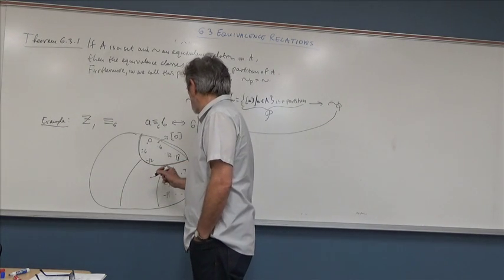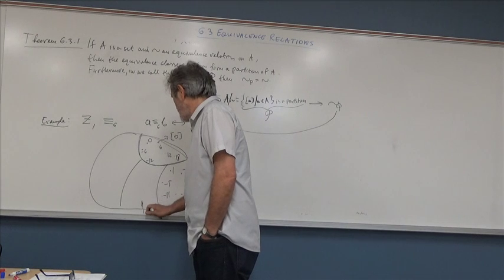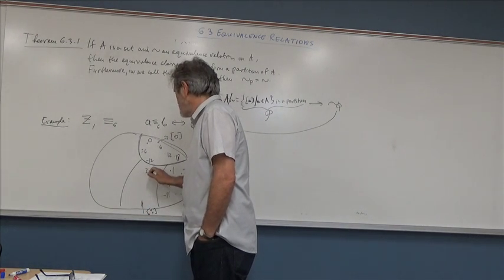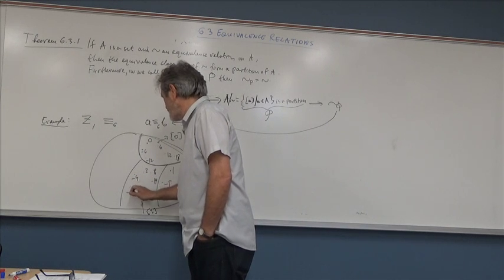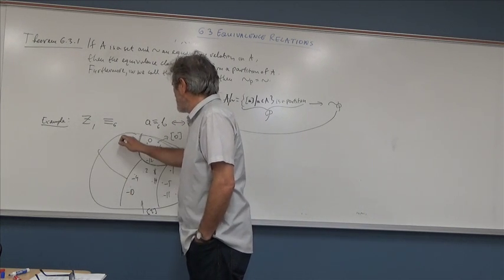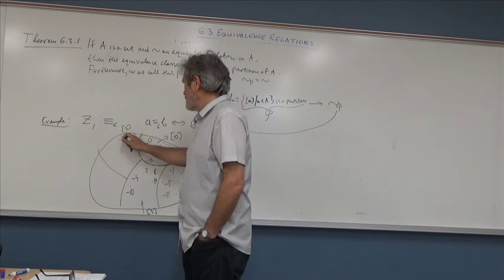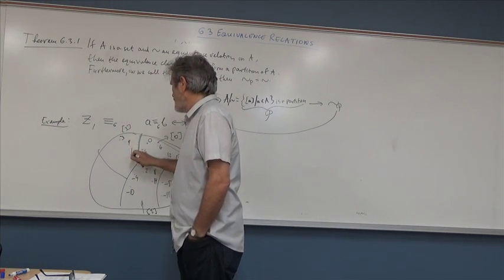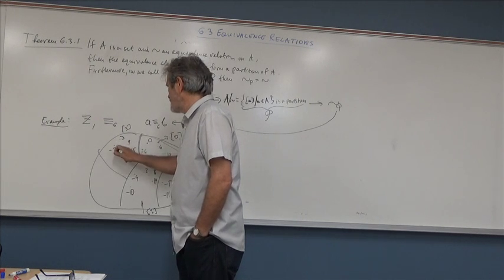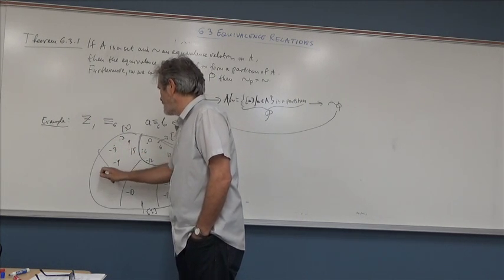Then there is the state of 2. Who's there? 2, 8, 14, negative 4, negative 10, and so on. Here is the state of 3. Who's there? 3, 9, 15, negative 3, negative 9.